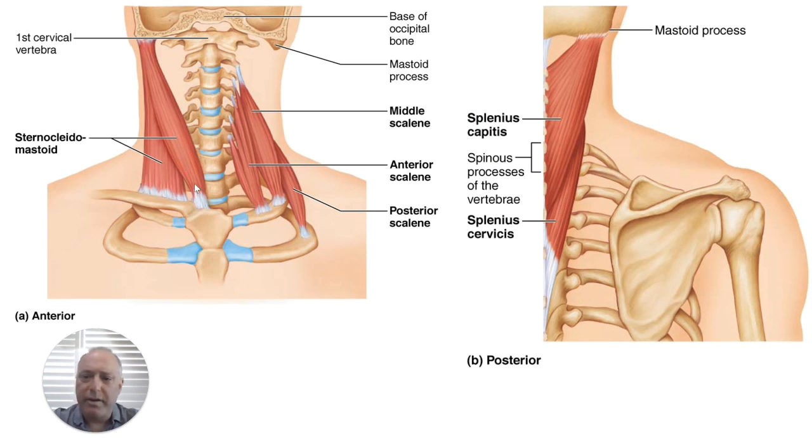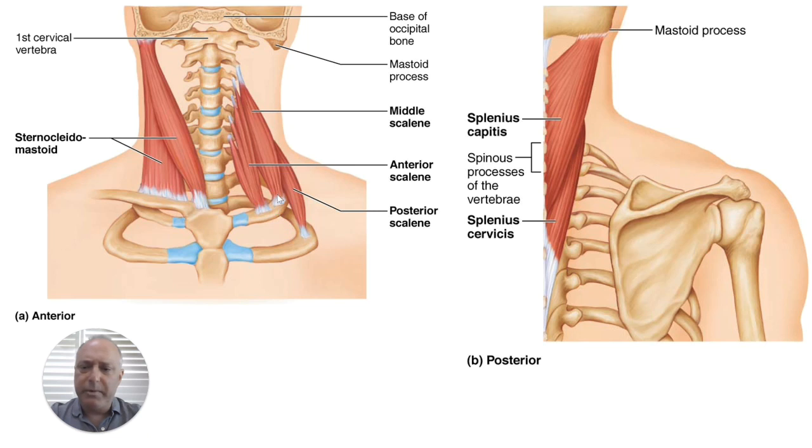Here we've got our sternocleidomastoid again, and deep to that we've got our scalenes, the middle, anterior, and posterior scalenes. These scalenes are going to participate in forced inspiration. You can see they're attached onto the ribs.